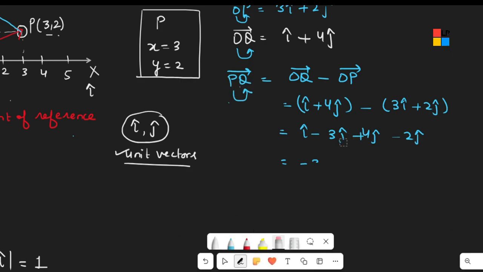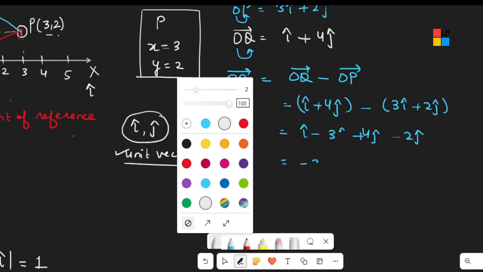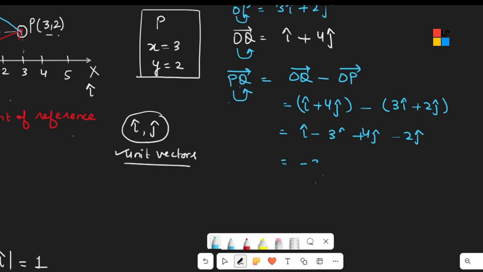So my i minus 3i is minus 2i, and it is plus 2j.